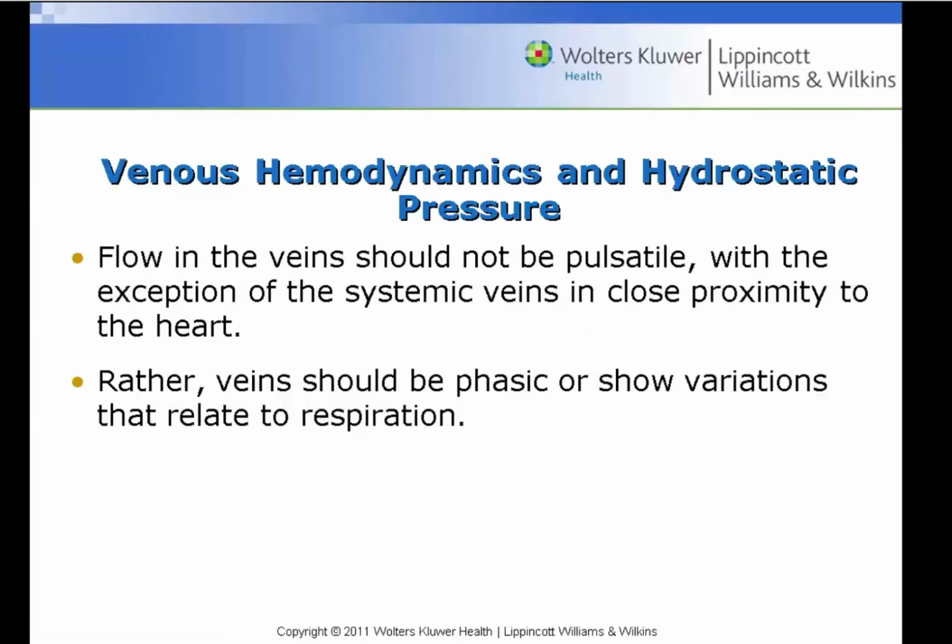The veins should not be pulsatile. With close proximity to the heart, they may appear to be pulsatile, but veins should be phasic, with slow variations that relate to respiration. You have pictures of the phasicity of the peripheral venous waveform on page 126. It should be a nice constant flow with really no pulsatility.